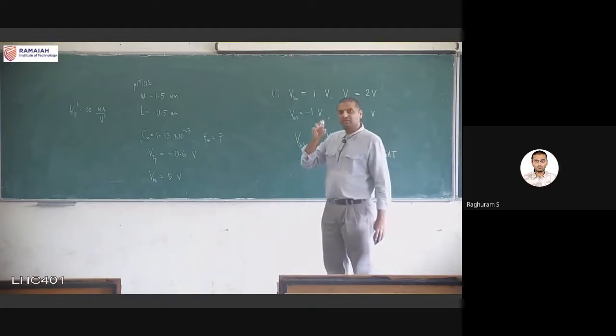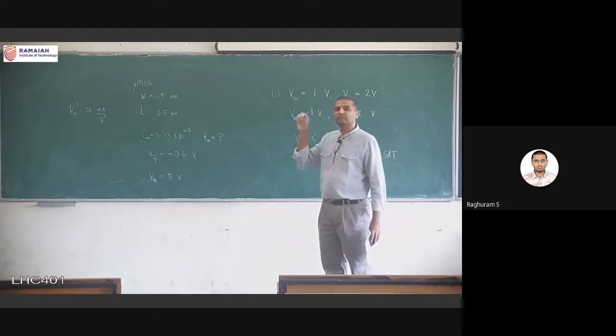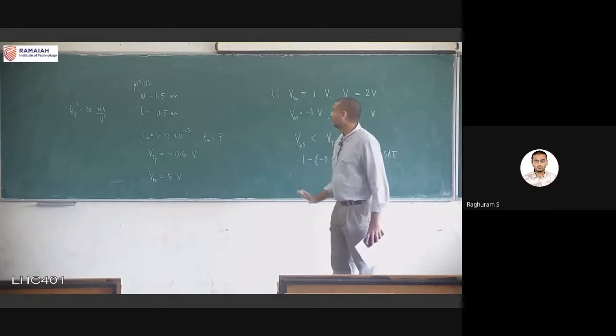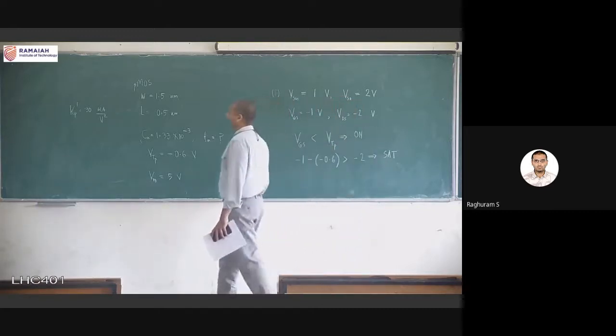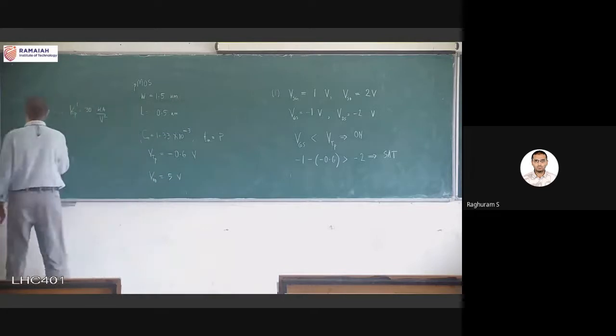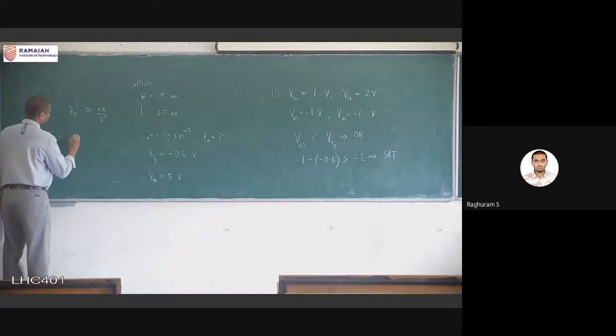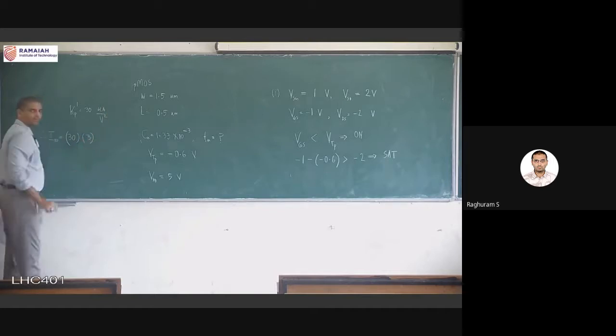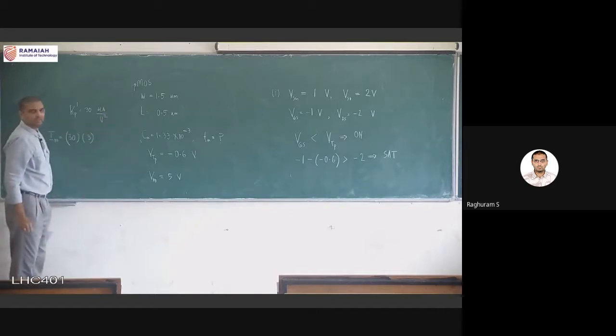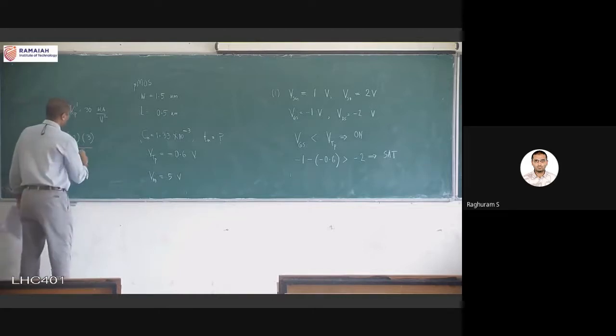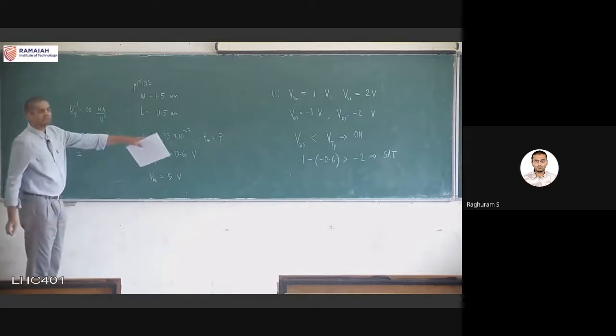It is always beta divided by 2 into VGS minus VT the whole square. So therefore I can write it here. IDS equal to beta is 30 into W by L, so that is 1.5 divided by 0.5, divided by 2, this is microampere, so 10 power minus 6, and VGS minus VT the whole square.